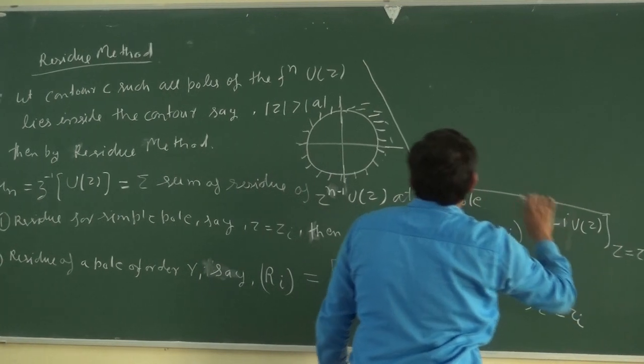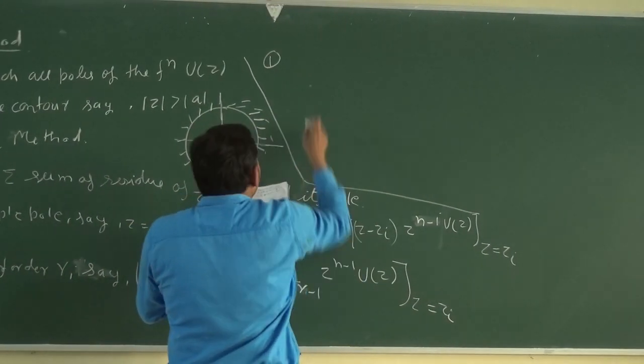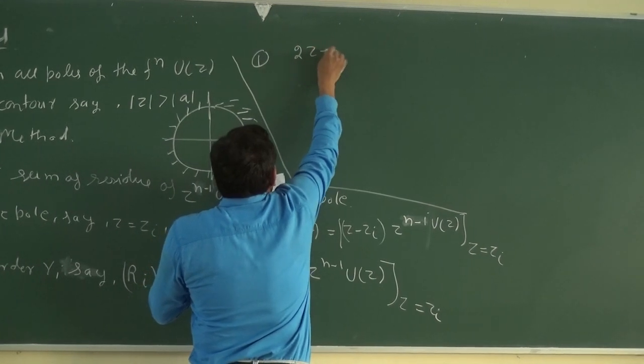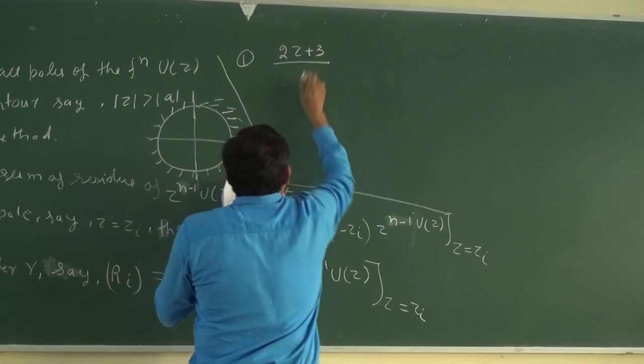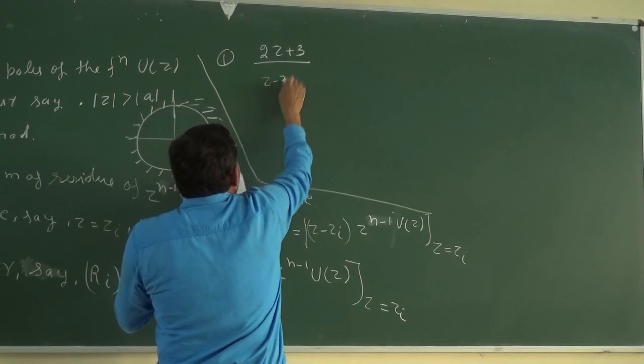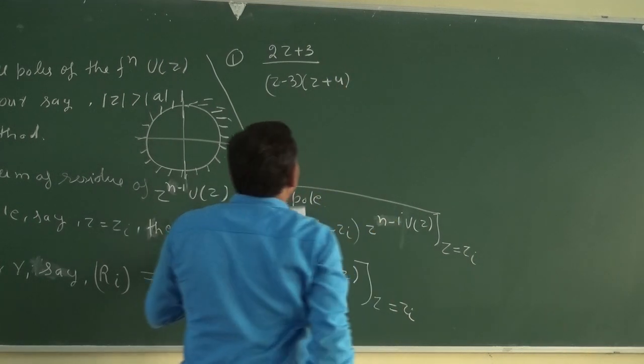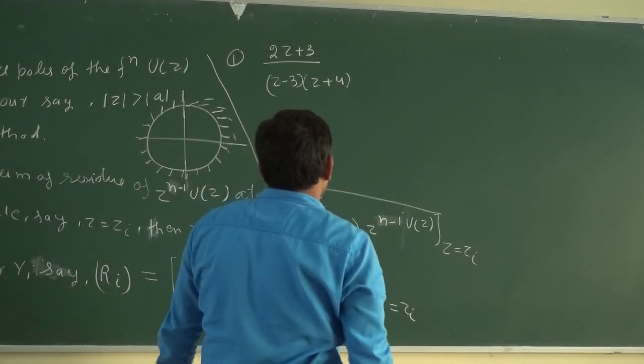by residue method. So, for example, find the inverse Z transform of (2Z plus 3) upon (Z minus 3)(Z plus 4) by residue method.